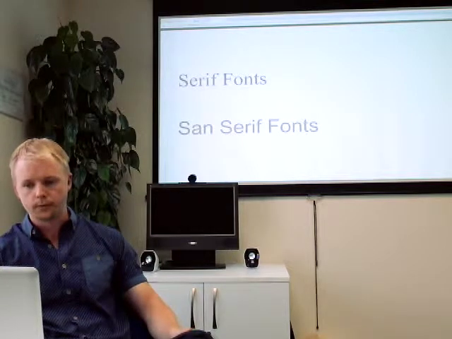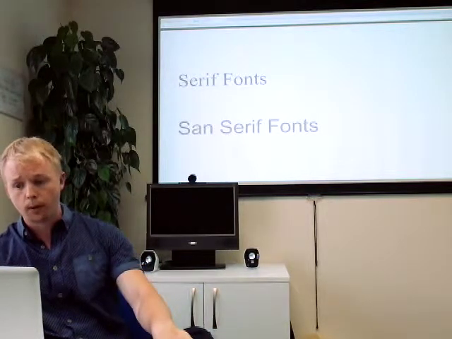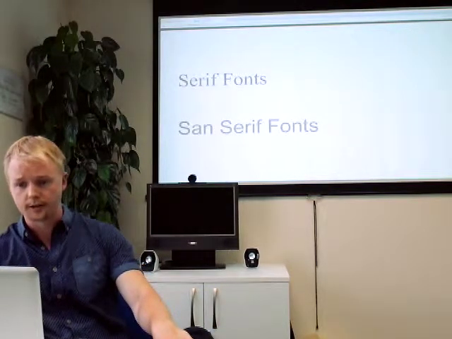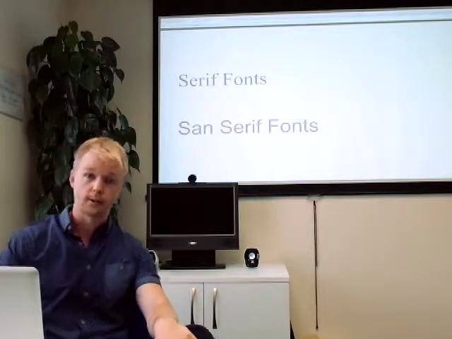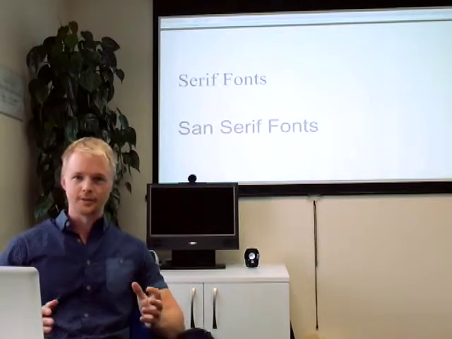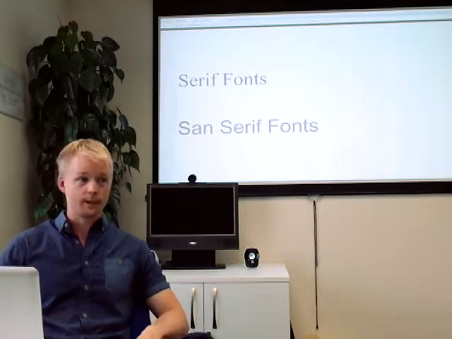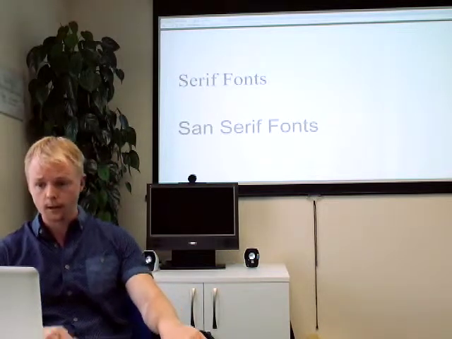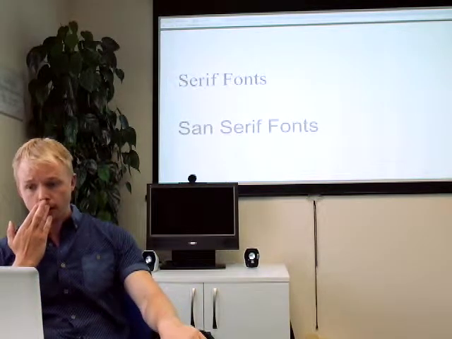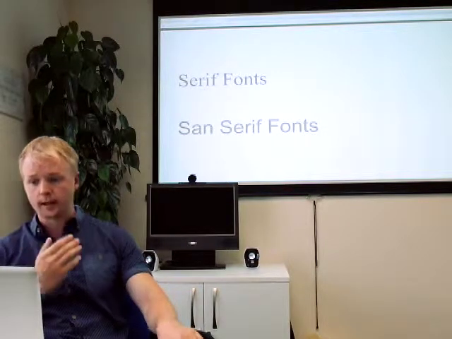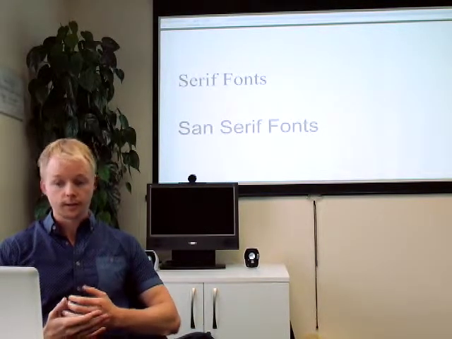And they're best for setting large blocks of body text because they're easier to read than the sans serif font. Apparently there's no scientific proof of this, but most people seem to agree with that. And they help guide the eye along the text.